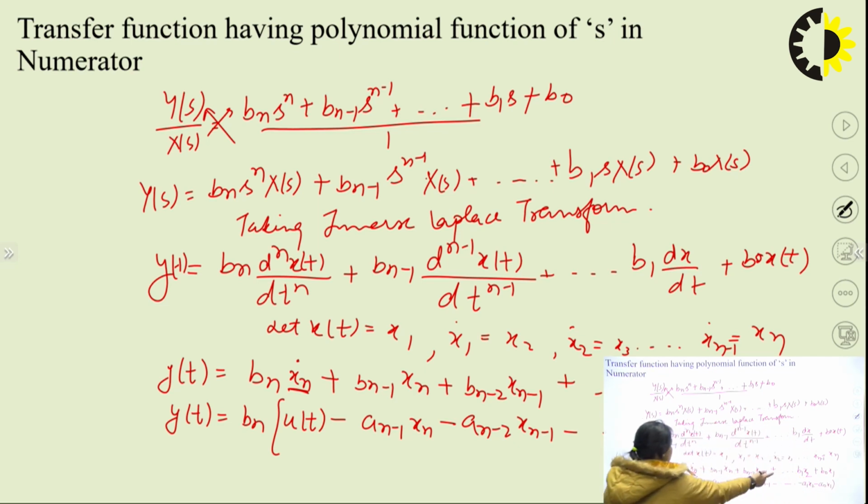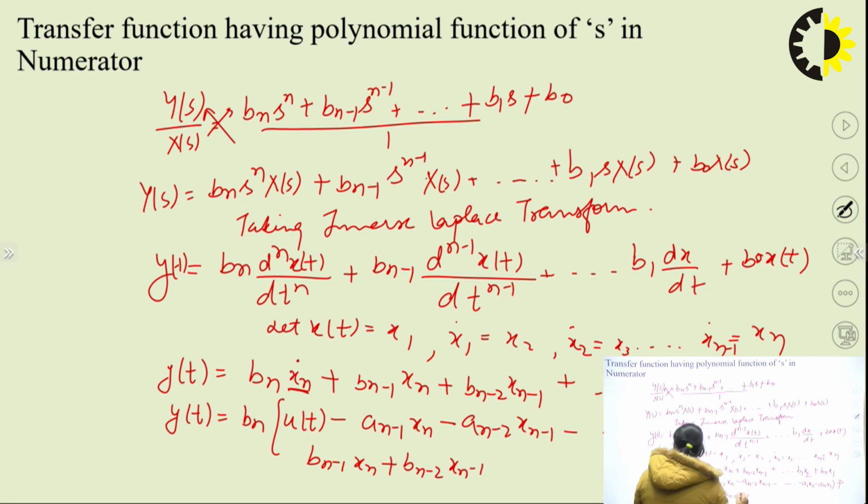Rest all the terms will be same, plus bn minus k1 xn plus bn minus k2 xn minus 1 up to so on till b1 x2 and plus b0 x1.